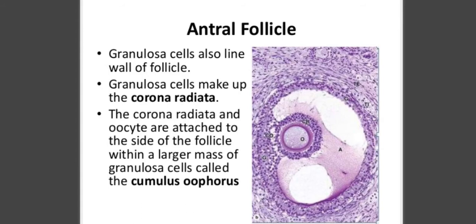The corona radiata and oocyte are attached to the side of the follicle within a larger mass of granulosa cells called the cumulus oophorus.